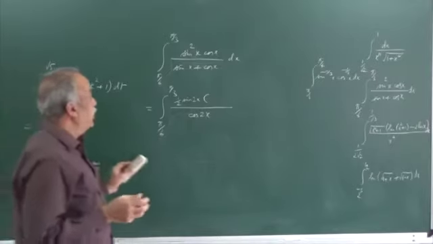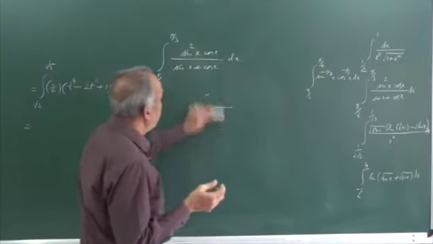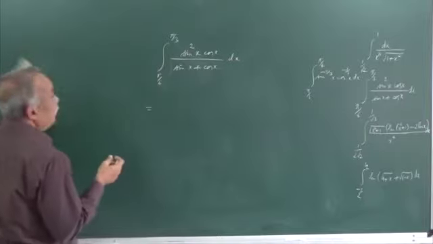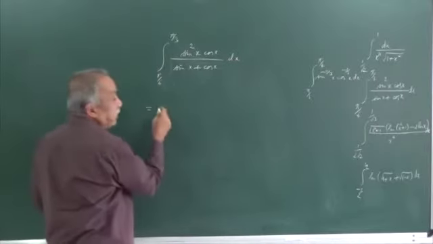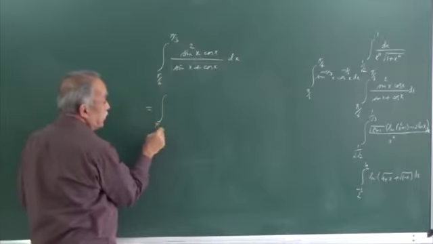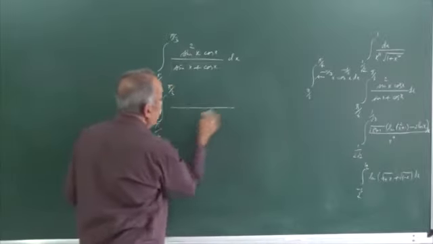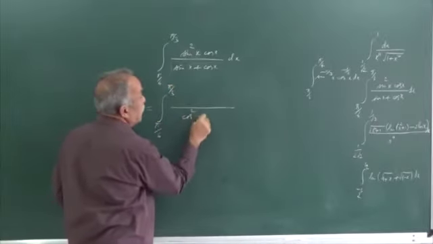I will be following your policy only. Let me first carry out multiplication of numerator and denominator by cos x minus sin x. Let me write out what I am going to get. Denominator becomes cos square x minus sin square x.